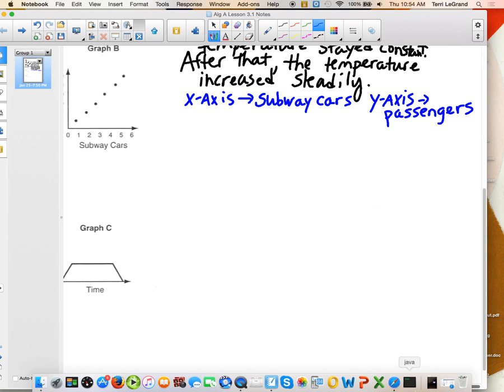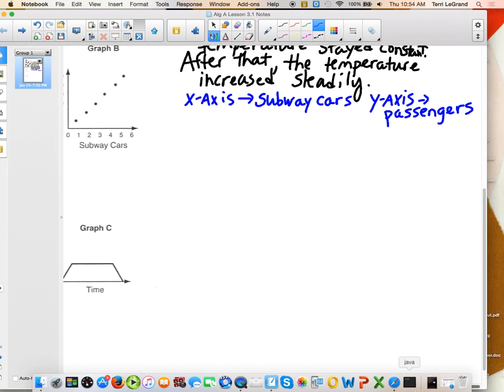In my situation, my story here, I better be talking about some passengers on some subway cars. And the subway cars, we move from left to right.